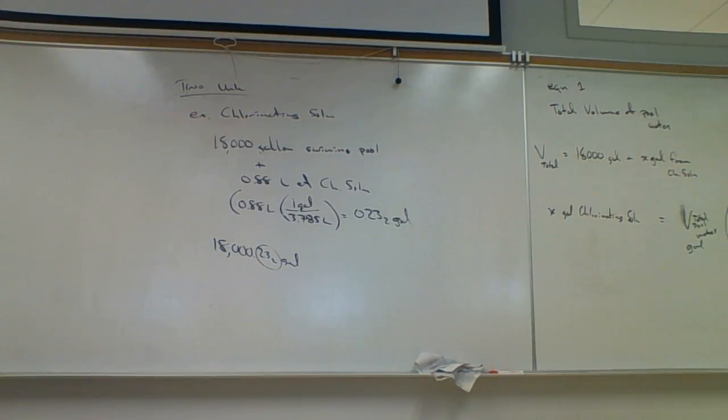And then we went from grams of chlorine to grams of chlorinating solution. Chlorinating solution is different. And then we went from grams of chlorinating solution to milliliters of chlorinating solution.